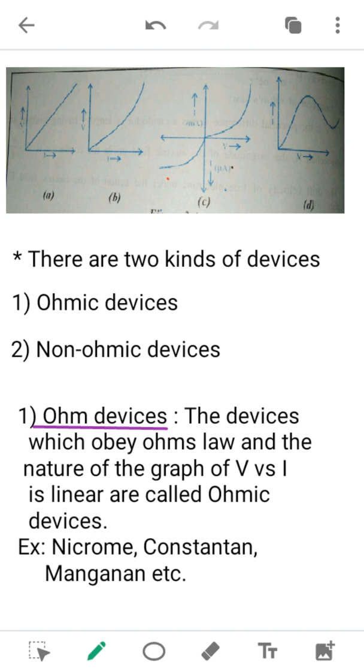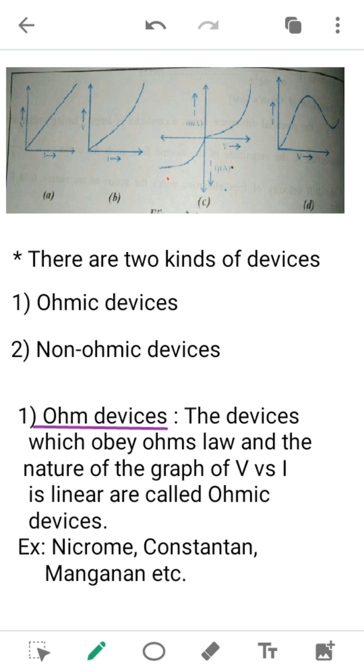You know what alloys are? It is a mixture of two to three metals. They are known as alloys, right? As they are a mixture of many metals, they will not allow the current to pass through them easily, right? Hence they are known as ohmic devices.